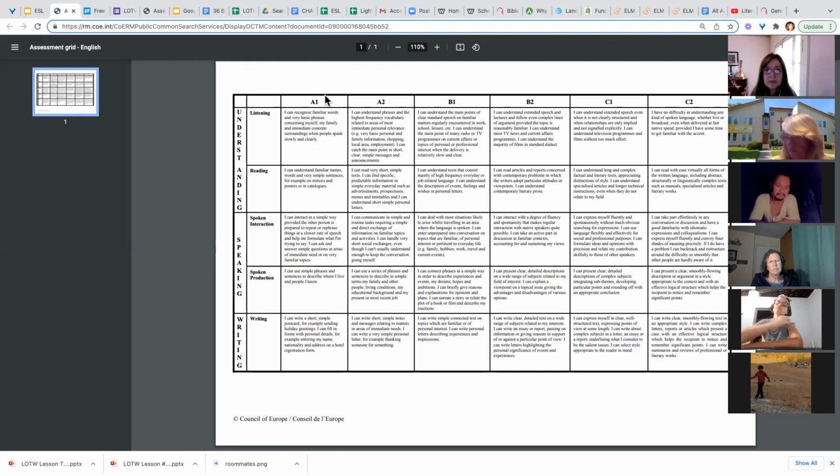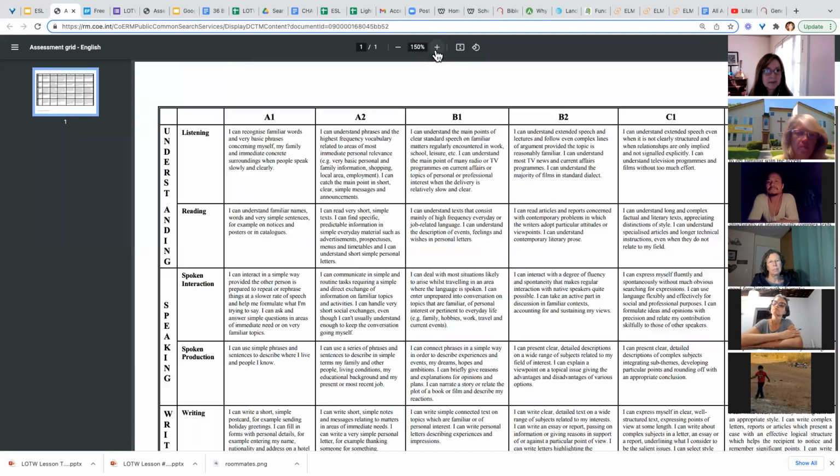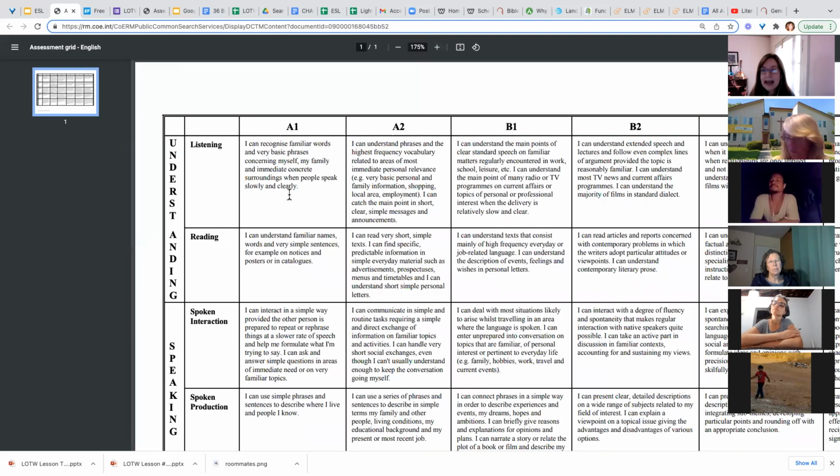And with a beginning level, these descriptors tell us what students should be able to do at each level. So for example, at the A1 level, students can recognize familiar words and very basic phrases about themselves, their family, their surroundings, when people speak slowly and clearly.